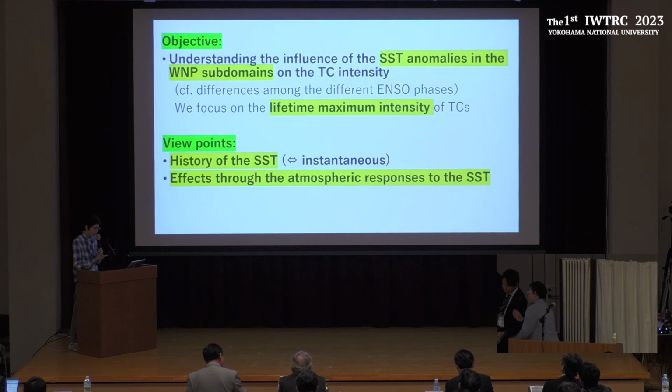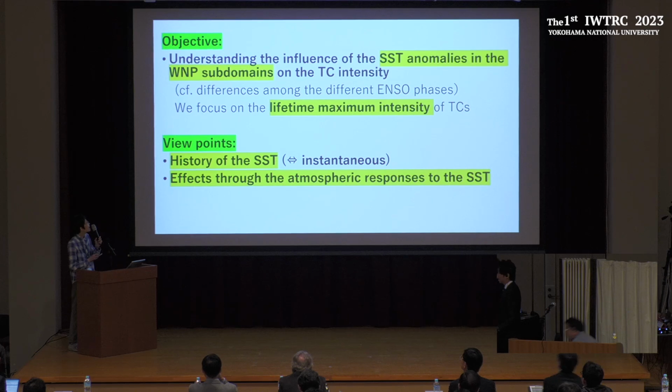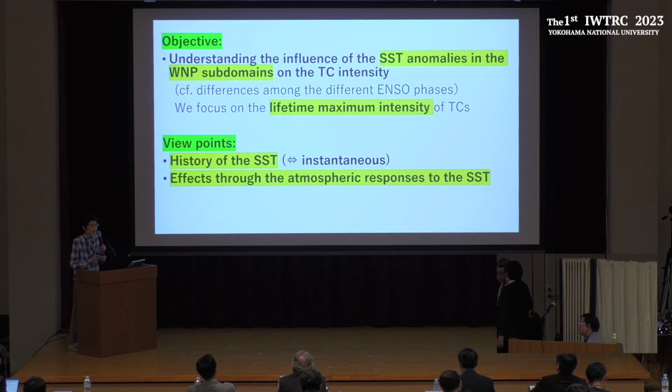So, the objective of this study is to understand the influence of the sea surface temperature anomaly in the Western North Pacific subdomains, not the typical ENSO type, but the more detailed structure. We focus on the lifetime maximum of the tropical cyclone intensity.